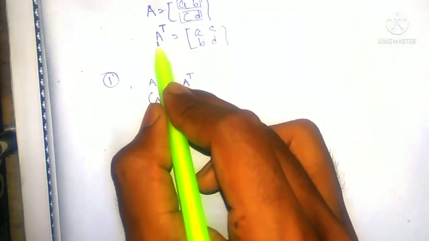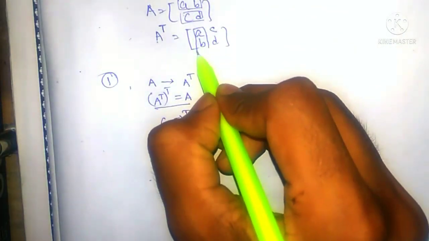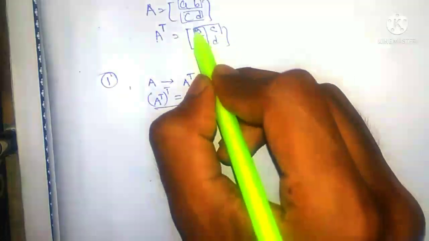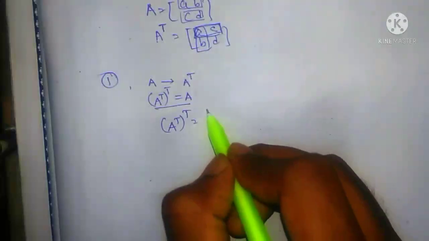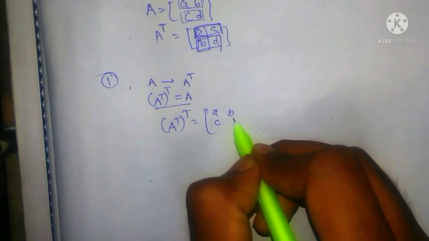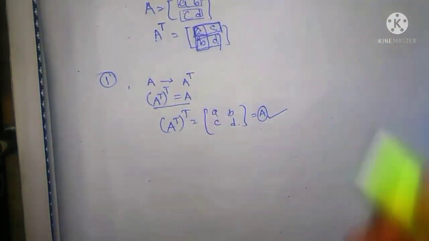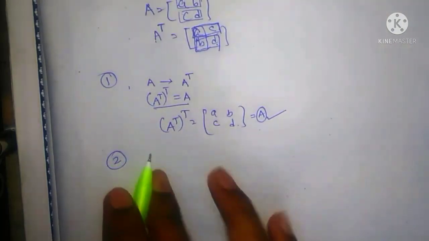Okay, so this is A transpose, and A transpose, that transpose: this row converts to A C and this row converts to B D. This is the matrix A. First property.